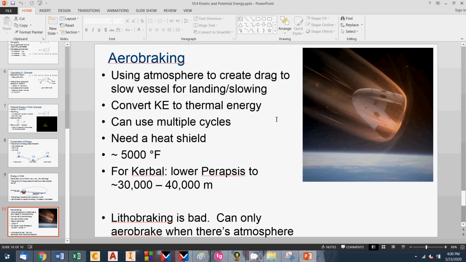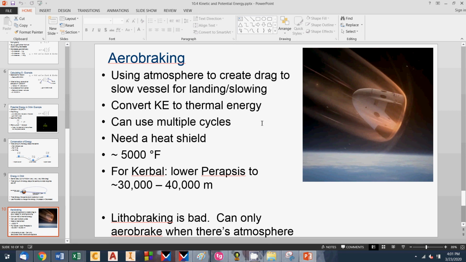This is just another energy transfer. However, instead of it being kinetic and potential, you're taking the kinetic energy, the energy of the motion of the spacecraft, and using the friction with the air in front of it to heat up both the air and the spacecraft. And you're actually converting that kinetic energy to thermal energy.